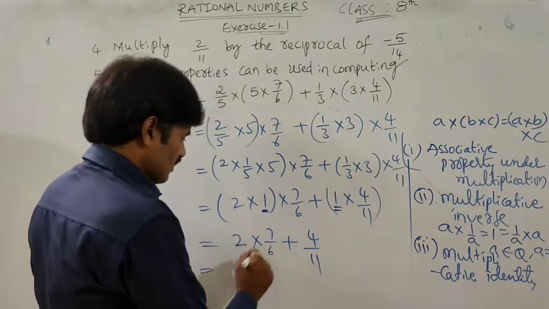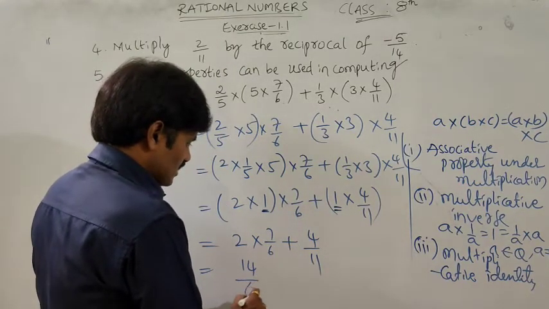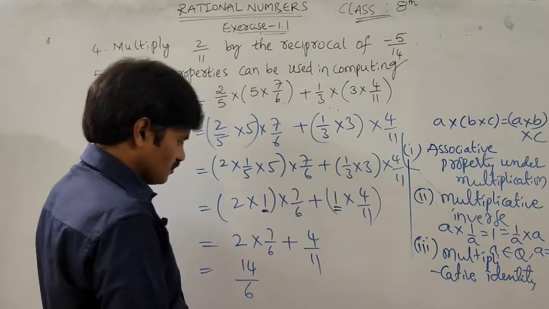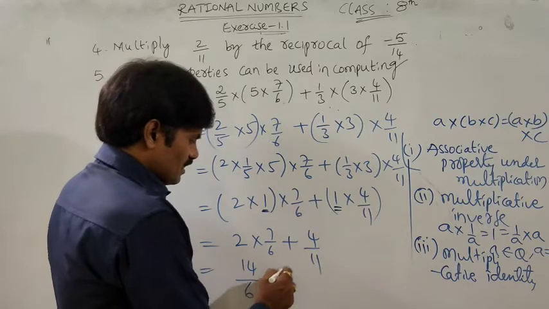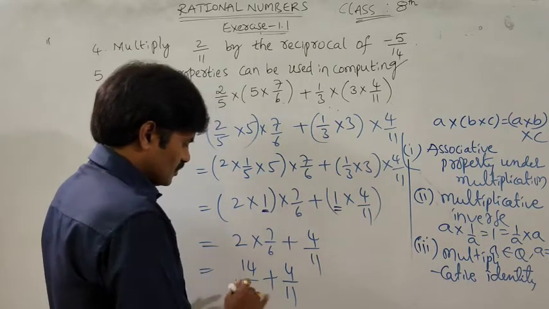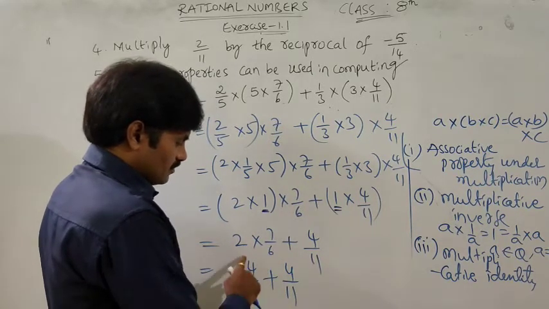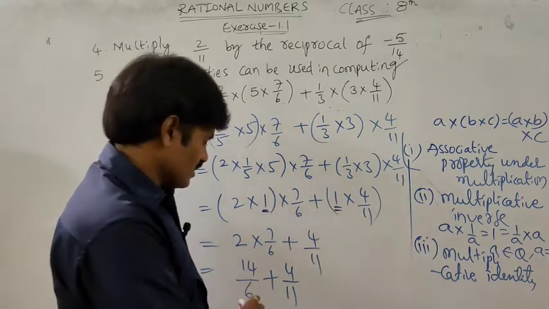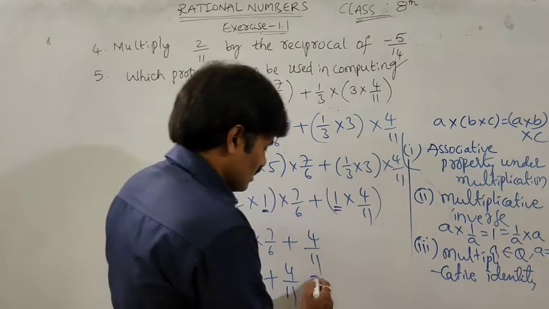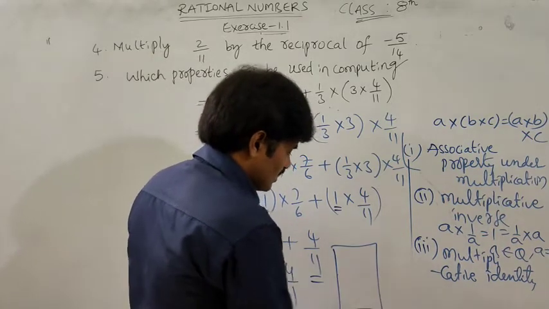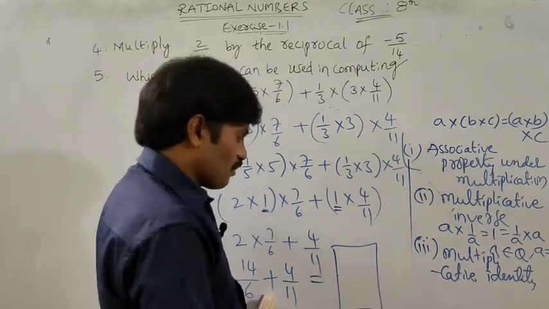Next 2 into 7, 14 by 6. Before that, what do you call this one? 14 by 6 plus 4 by 11. This is closure property. Next, 2 into 7 by 6, 14 by 6 plus 4 by 11. So adding two rational numbers gives us another rational number. So what do you call this property?